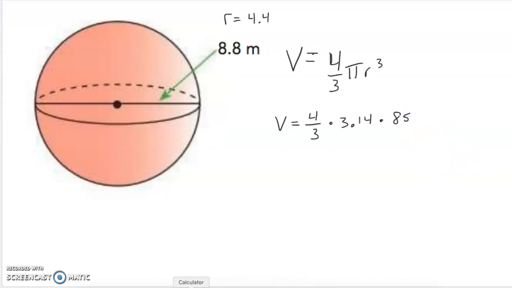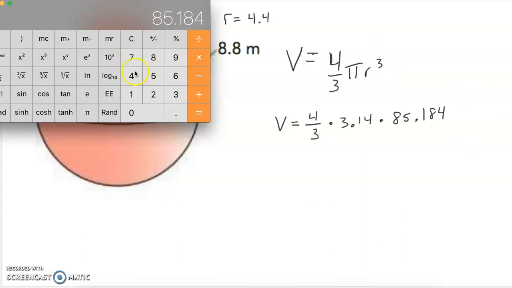So the only thing I've done so far is I've filled in the things I know, and I found the radius cubed. Since the radius is 4.4, I just typed in 4.4, and this is the cube button. You could have just done 4.4 times 4.4 times 4.4, and you would have got the same thing.